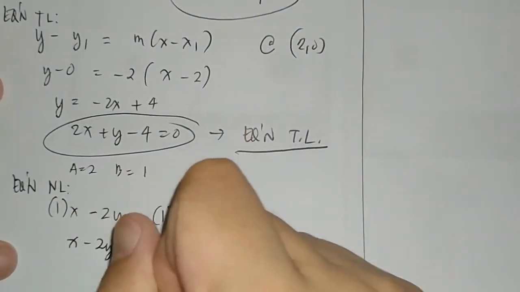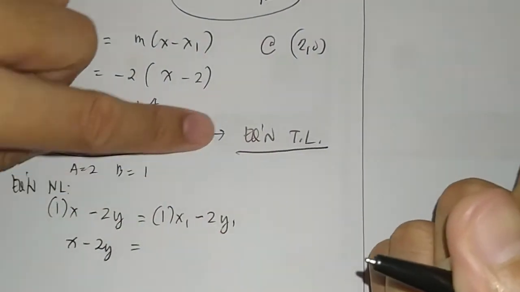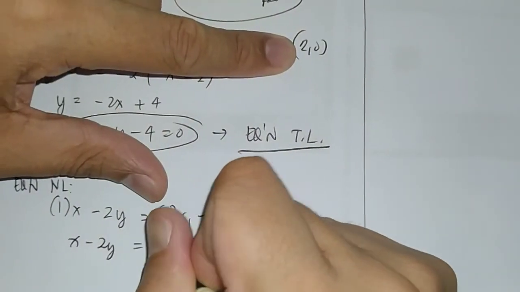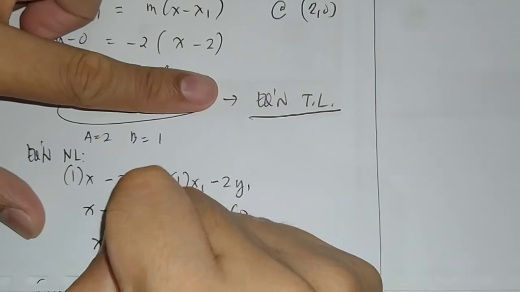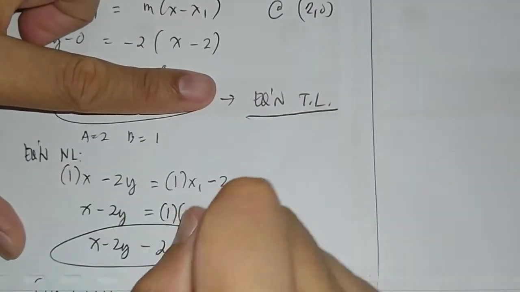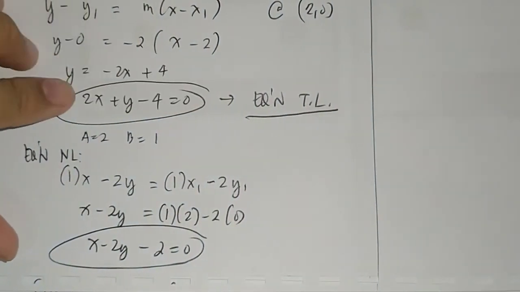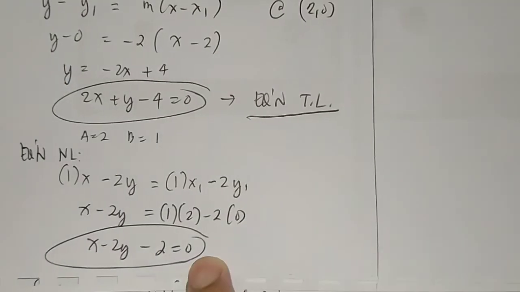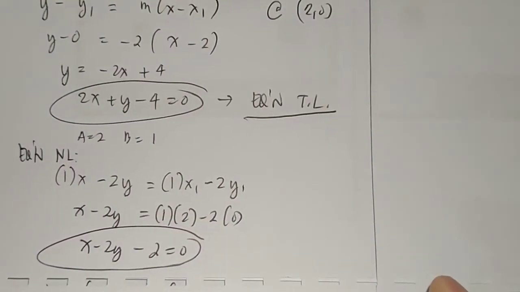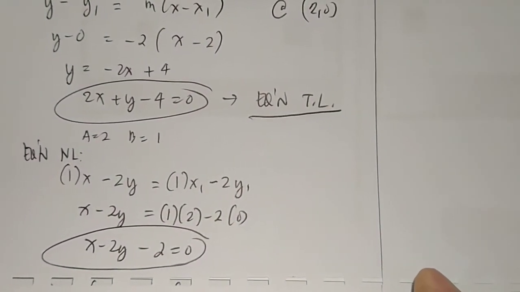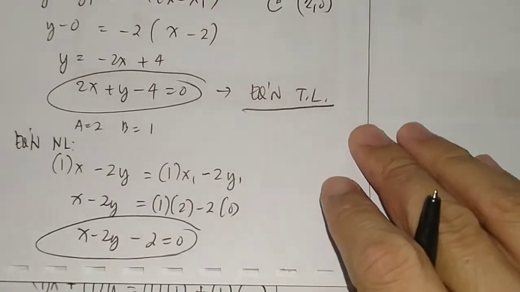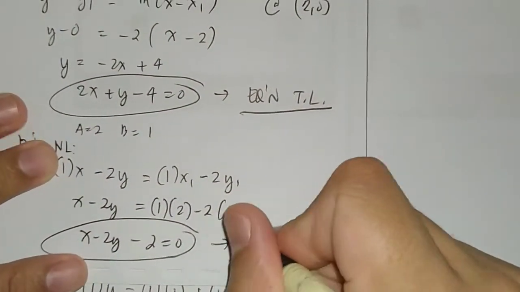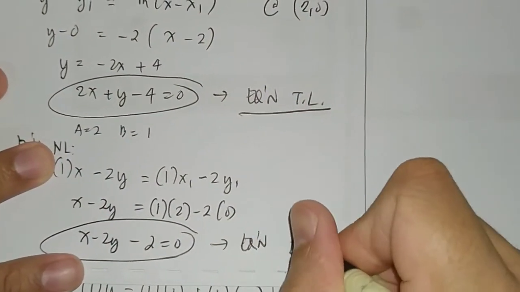So x minus 2y is equal to the value of x sub 1, which is 1 times 2 minus 2 times 0. So x minus 2y minus 2 is equal to 0 is the answer, since 2 minus 0 is 2, transposed to the left gives you negative 2. So x minus 2y minus 2 is 0. So that must be the equation of our normal line.